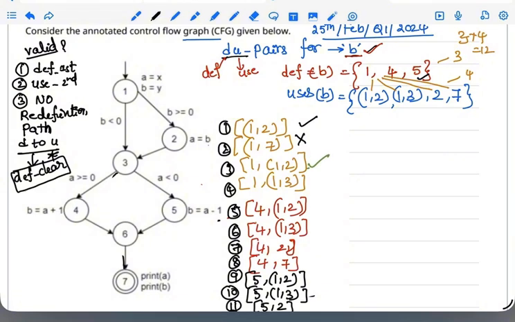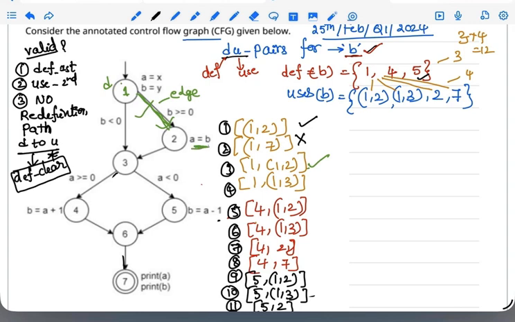Next, 1 comma (1,2). The definition of the variable b is at node 1, and the use is at the edge (1,2). Use at the edge and definition at the node is considered a valid du-pair without redefinition.